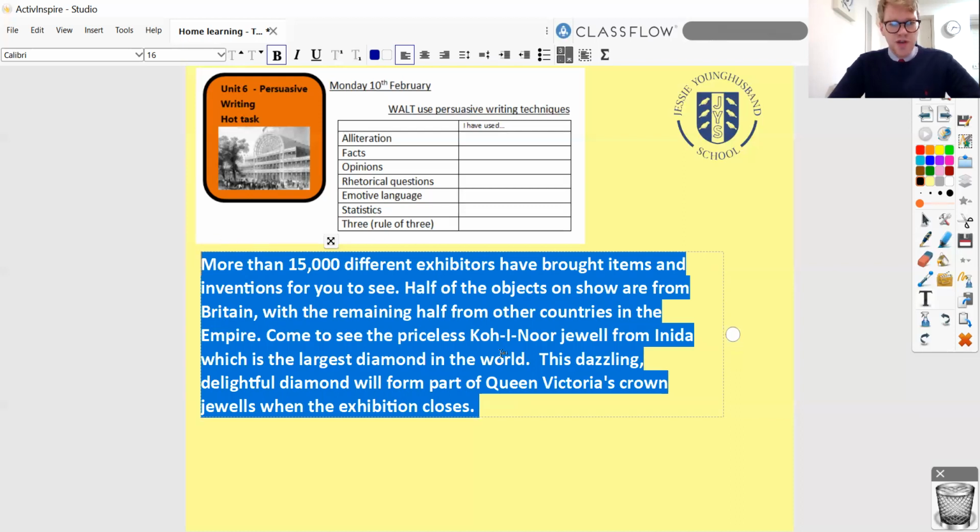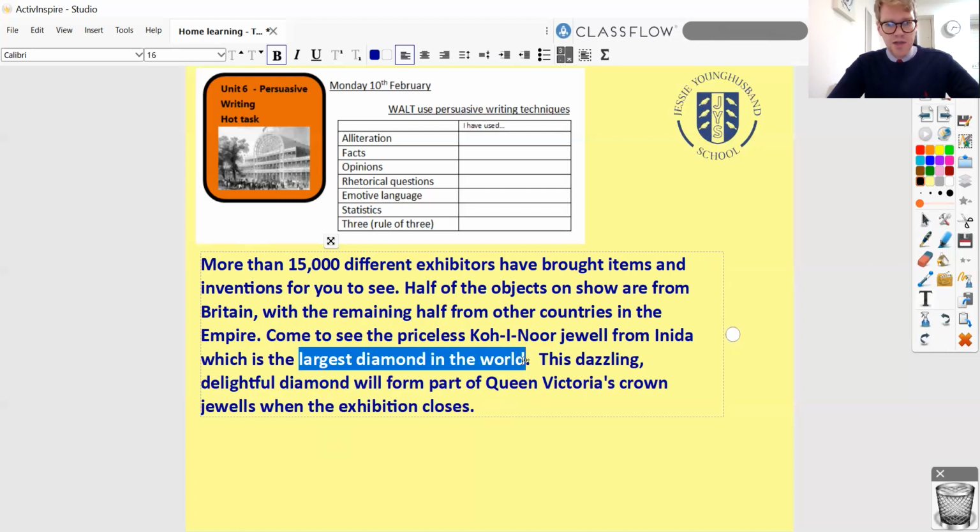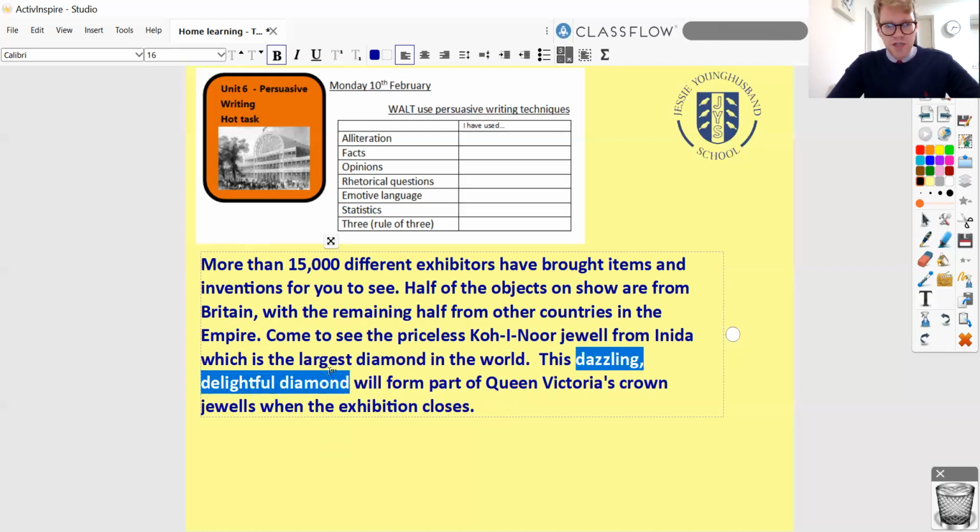Fantastic. So that sounds really good, doesn't it? I think we've made that sound really impressive. So come see the priceless Koh-i-Noor jewel from India, which is the largest diamond in the world. We've got a good fact in there. Then we've got some good alliteration here, haven't we? This dazzling, delightful diamond will form part of Queen Victoria's crown jewels when the exhibition closes.